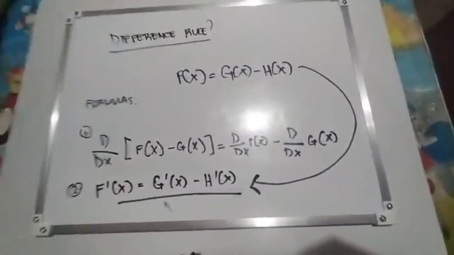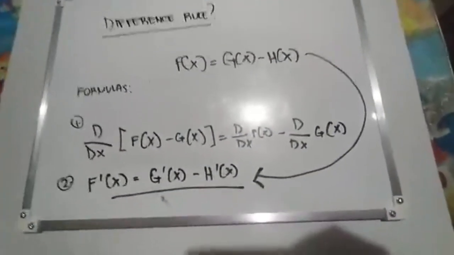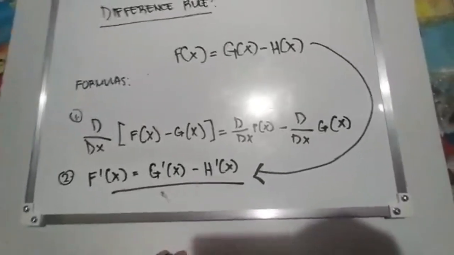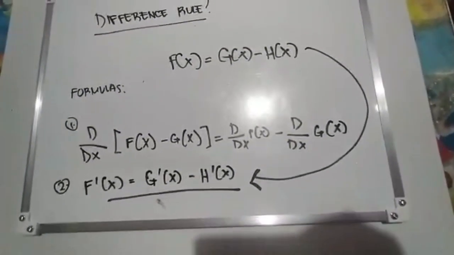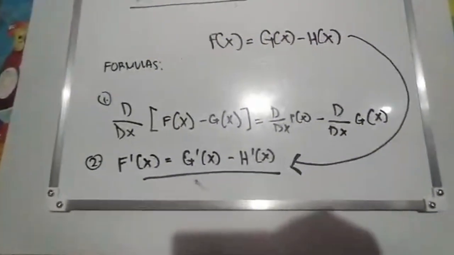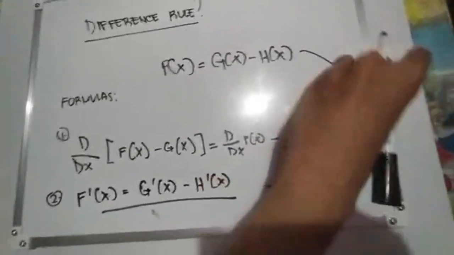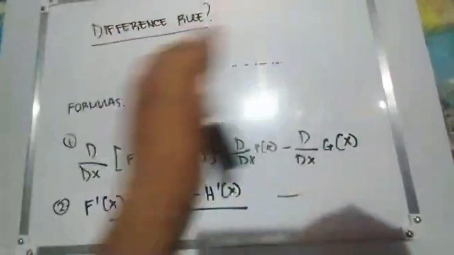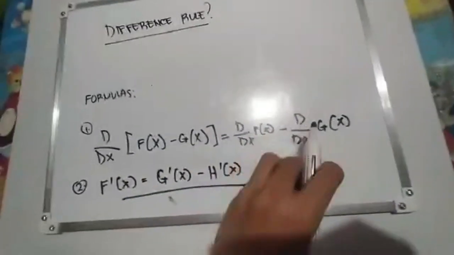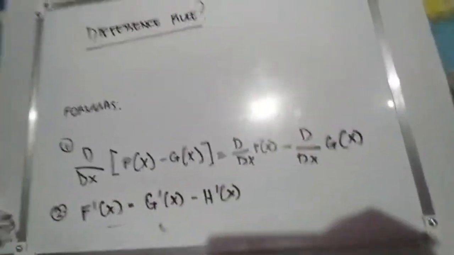So this means you differentiate each function separately and keep the minus sign. It's one of the basic rules that makes differentiation easy. And then I prepared 3 problems to solve.